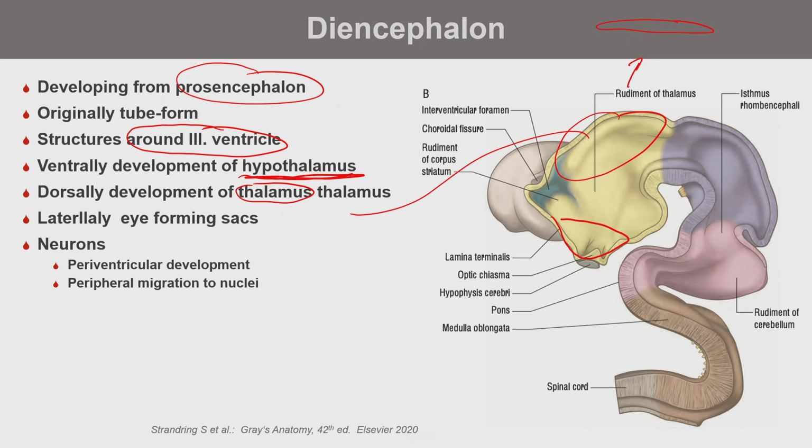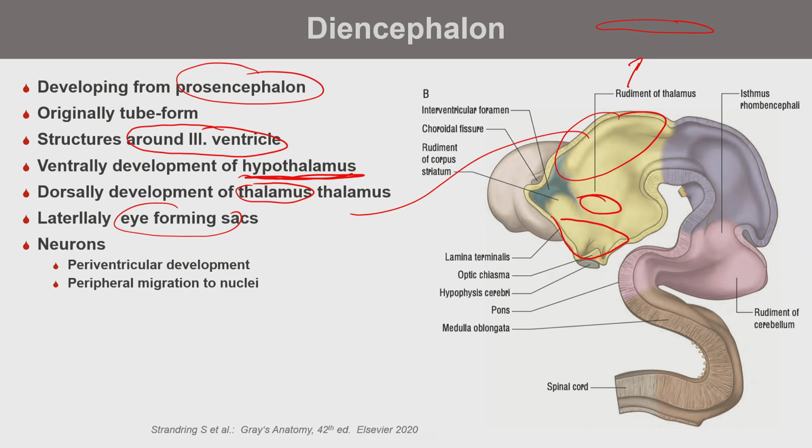Laterally, which is not seen here, there are pouches or sacs from which are developing eyes and a visual pathway. So this is the reason why the retina and optic nerve are a part of a central nervous system, not peripheral, and they are very different from the other cranial nerves.